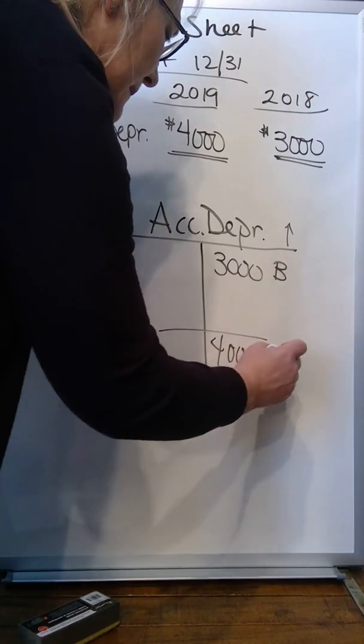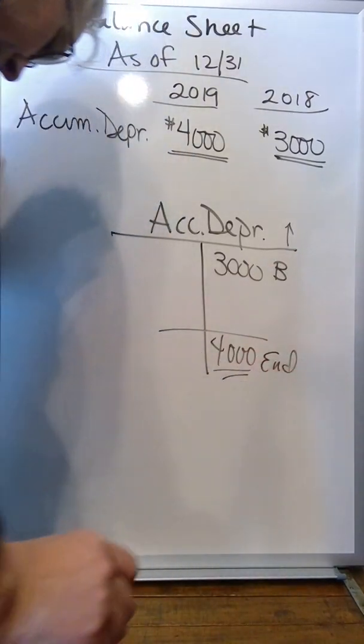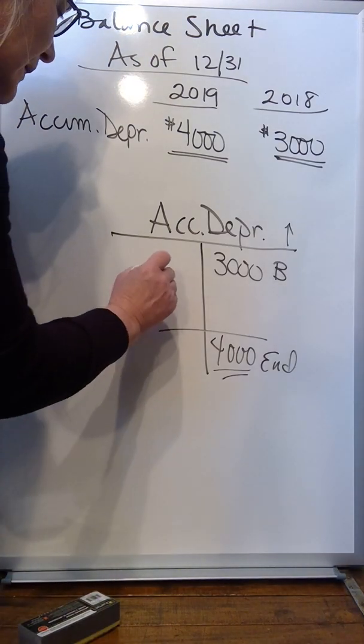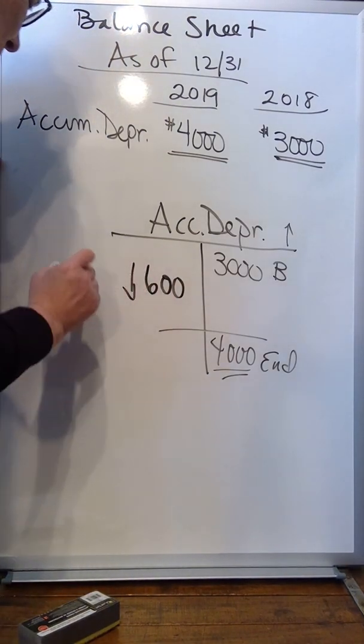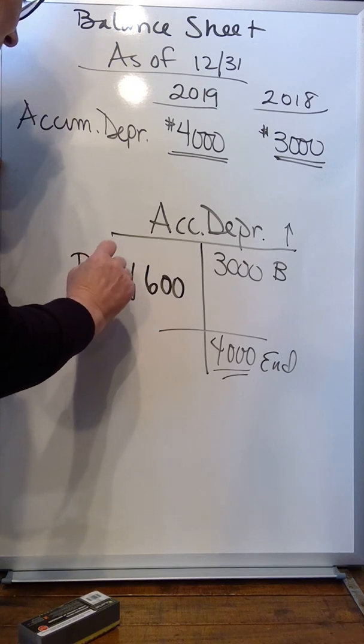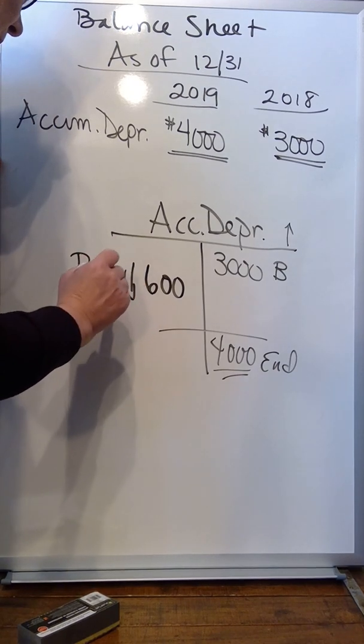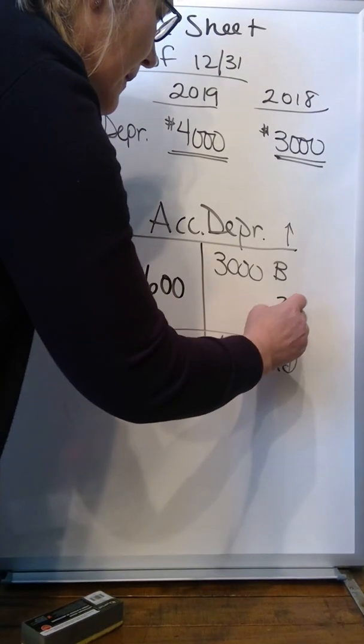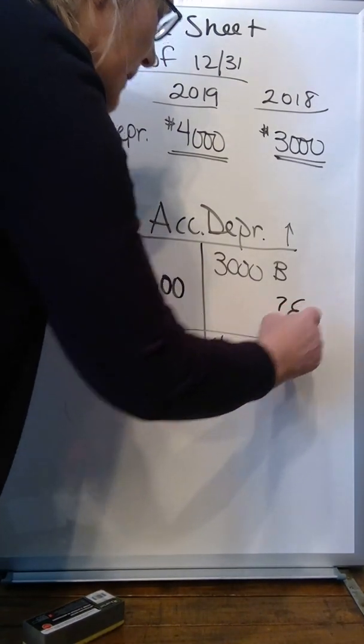That's beginning, that's ending. And we know that they removed $600 of accumulated depreciation during the year for assets that were sold. And if that's the case, how much depreciation expense was recorded?